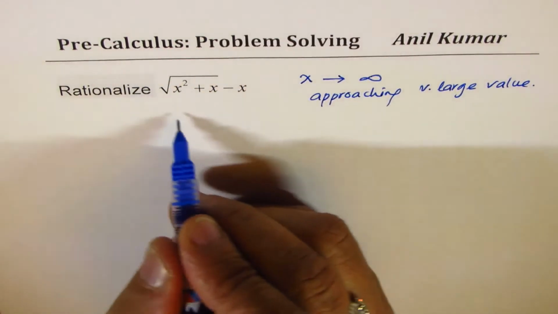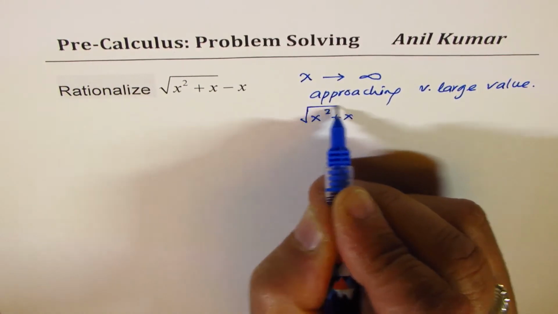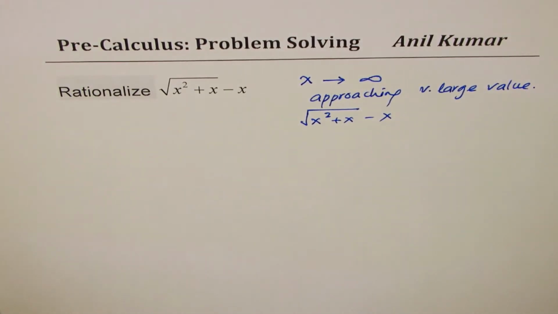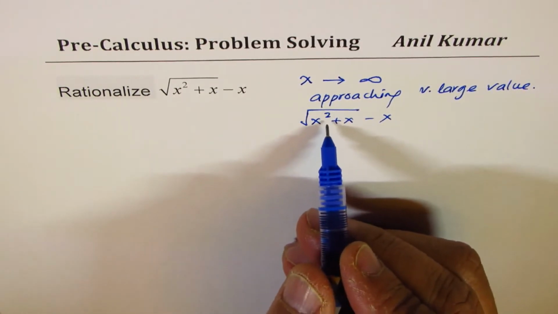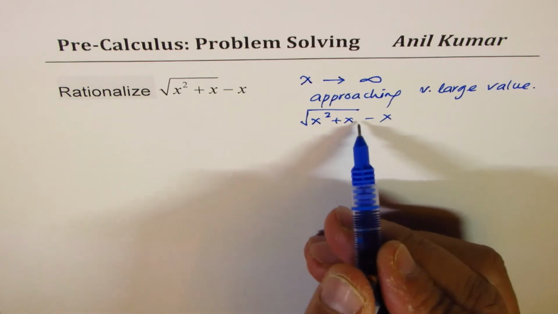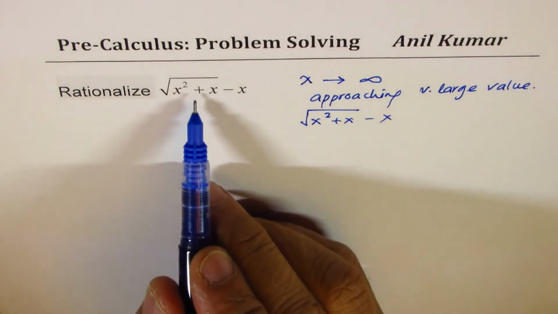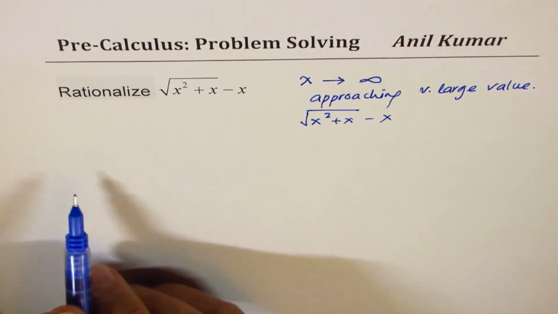Then what happens to this expression? It is not very certain, since something within the square root seems to be approaching x. You could approach 0, you really are not very sure. Now once we rationalize, we'll be very clear about it. So let's rationalize this expression.